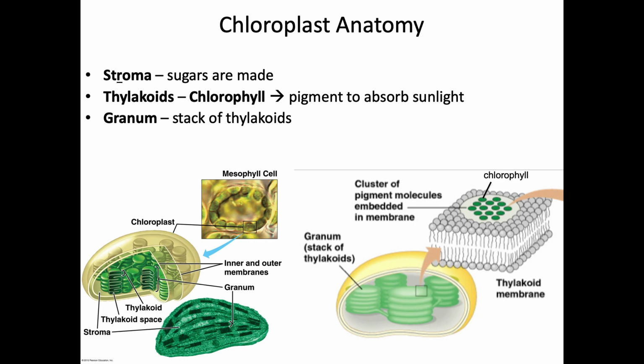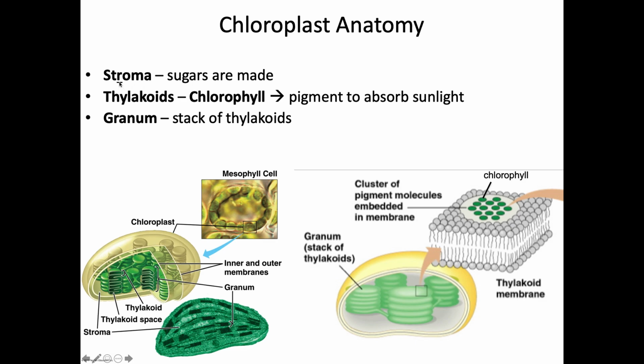Okay, and inside your chloroplast, you have these membranes called thylakoids. The stacks of thylakoids are called a granum. And on the outside, you have this fluid-filled space that is called the stroma.